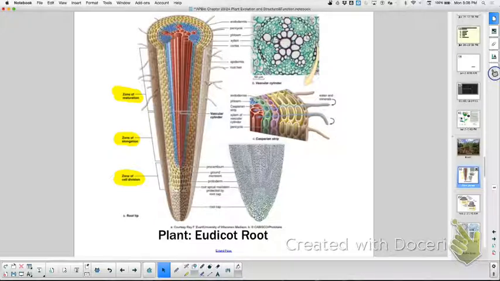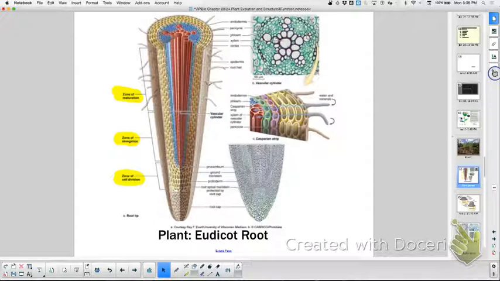Zone of maturation. Because those root hairs are very fragile, and if you're still growing down and elongating, you're moving when you're making more cells or elongating, you could rip the root hairs off. So you wait till you're maturing and it's not moving anymore through the soil, then you have your root hairs. Does that make sense? Okay.